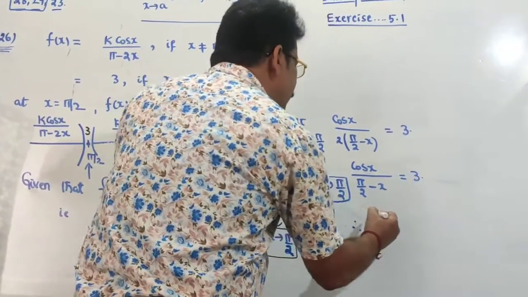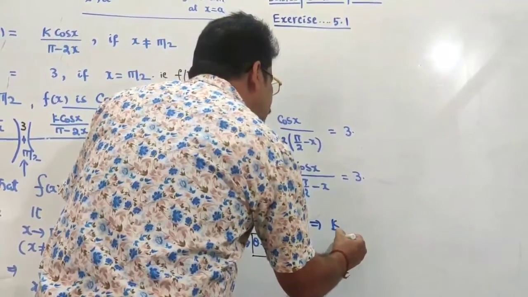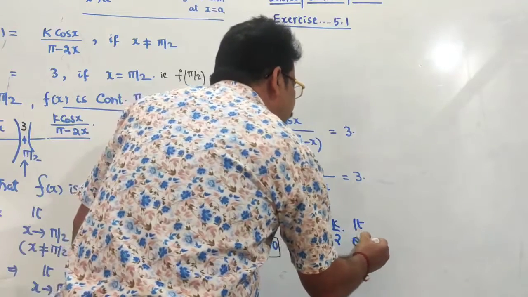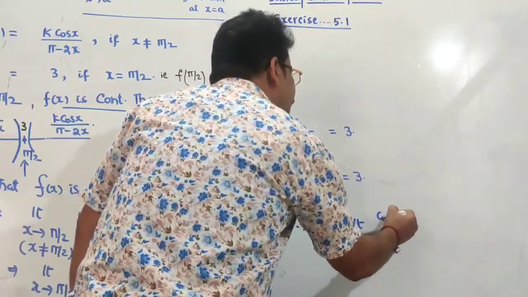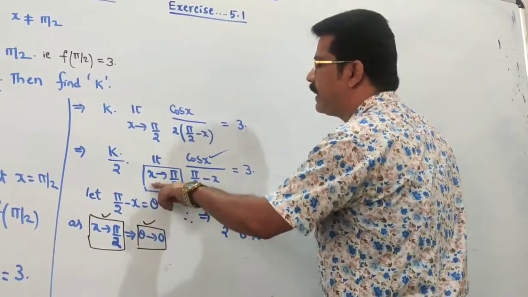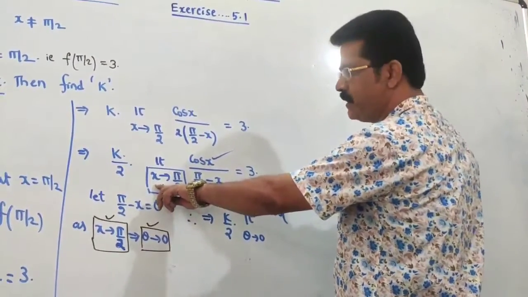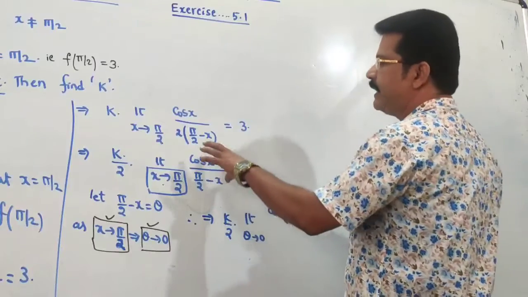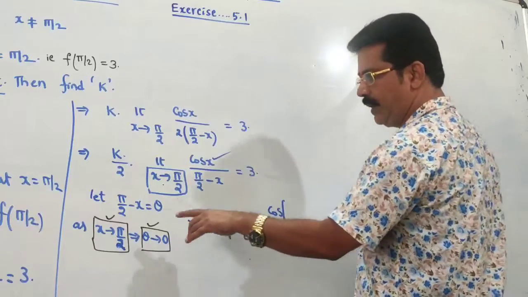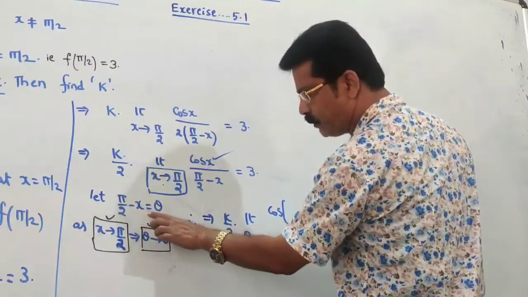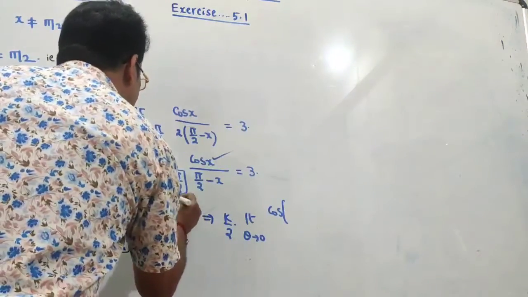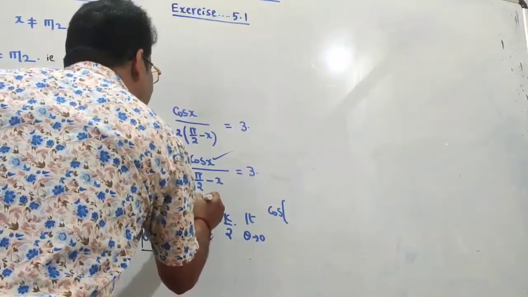So instead of x tends to pi by 2, we write theta tends to 0. Since the limits were changed in terms of theta, in the function also, the x terms we have to write in terms of theta. From the equation pi by 2 minus x equal to theta, what about x? x equals pi by 2 minus theta.